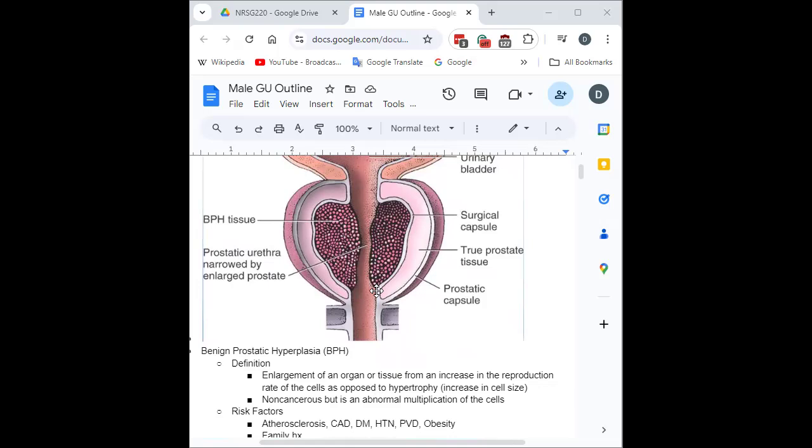You'll have the UTI from the Foley being in place for so long. If it gets really bad, some of that urine might even start backing up into the ureters, and even further back into the kidneys, which is hydronephrosis. And some of that urinary stasis, if you remember from maybe 210 or 212, when all that urine is allowed to stay in the bladder, it becomes a breeding ground for bacteria.